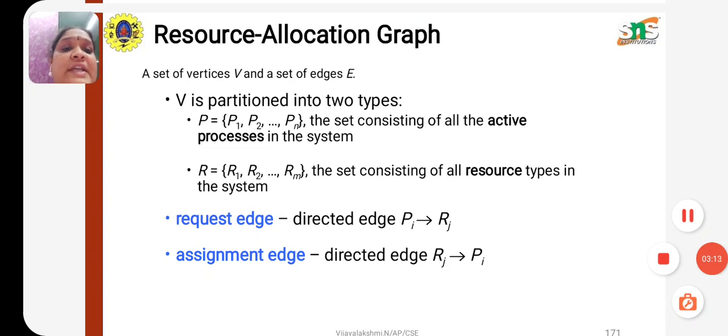What is a request edge? The process is requesting a resource. What is an assignment edge? The resource is directed to a particular process, which is the reverse case.